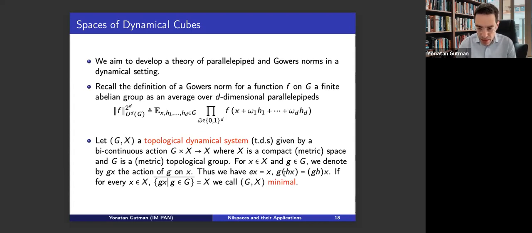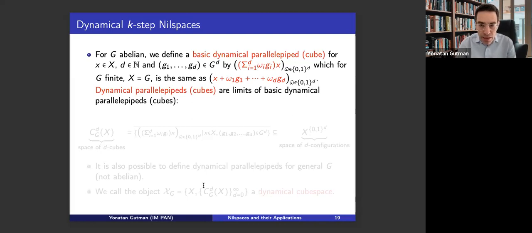And we will usually assume that (G, X) is minimal, that is, every orbit Gx has closure all of X. And now, following the Gowers approach, we will define basic dynamical cubes in the form: you just take these sums of omega_i g_i, which we have already seen in the group, and you act on some element x in the phase space X. And so you get what we call basic dynamical cubes or parallelepipeds.